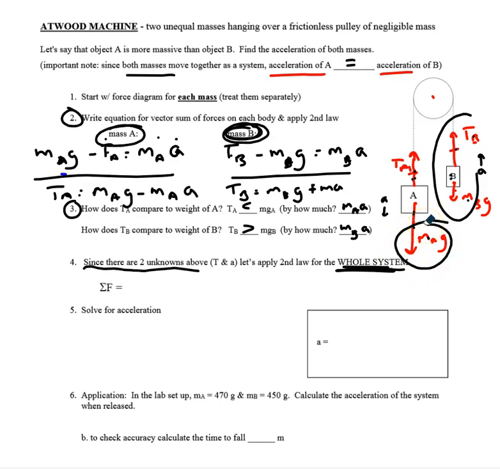So I'm going to start there. I'm going to say my sum of all my forces on the system. Okay, so the system is A and B. That's important. Not A by itself, not B by itself, but A and B. So I would say my first force, the biggest one, is MAG. This T is in the opposite direction, so I'm going to say minus TA.